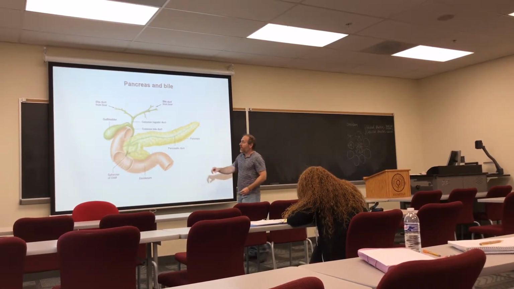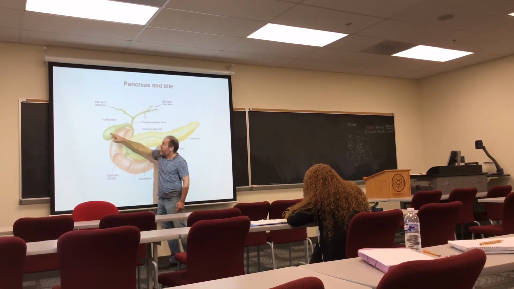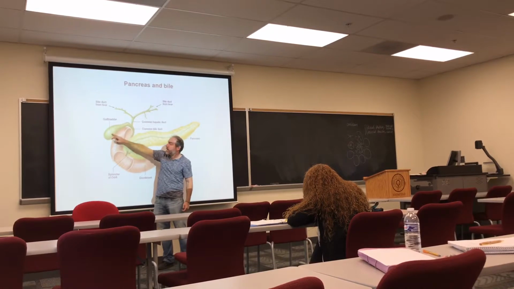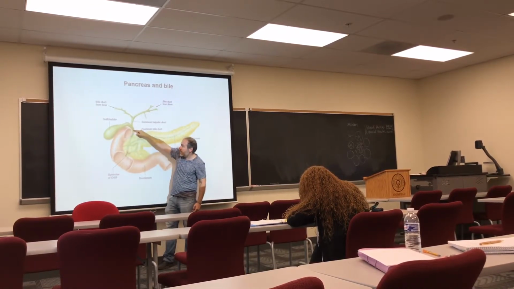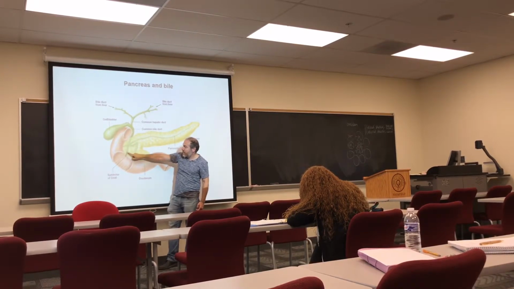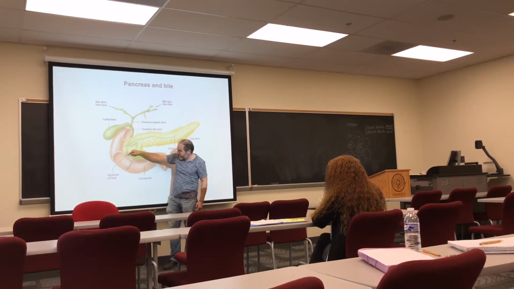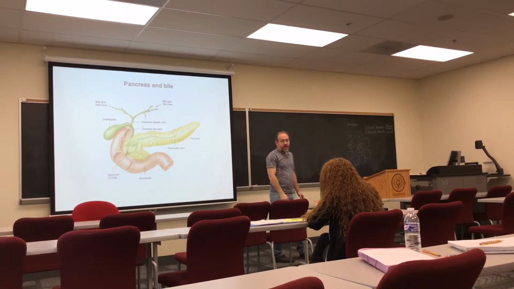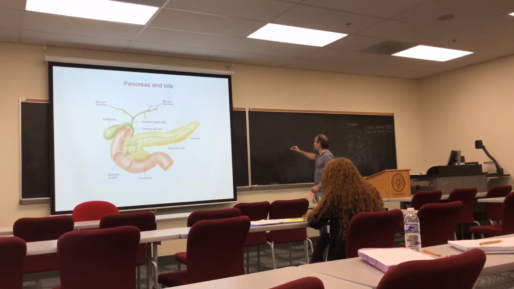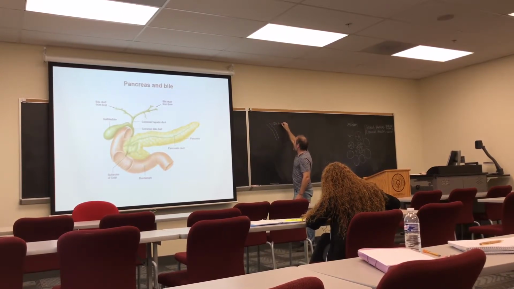Okay, so here you have this anatomical structure. So the bile secreted by the liver goes to the gallbladder, and then you can see that there is a tube that comes out of the gallbladder, and it merges with the pancreatic duct, and then there is a small duct here that discharges to the duodenum. Okay, so you're gonna have bile ducts.